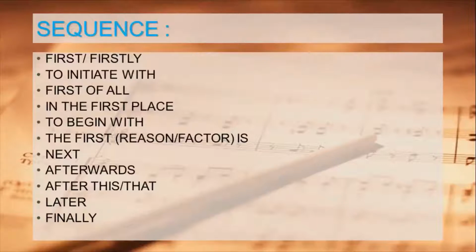So you can write it as firstly, or first of all, or to initiate with, or to begin with, or you can say the first reason is the occurrence of too many cars, which can finally lead to traffic jam, or you can say one of the reasons is, or the main cause behind traffic jam is. Such kinds of words can be used to initiate your paragraphs as well as to sequence your answer. You can use firstly, secondly, thirdly, and finally, in order to show the order.